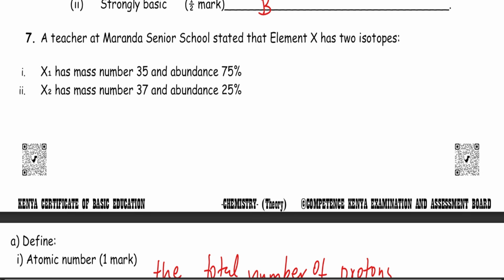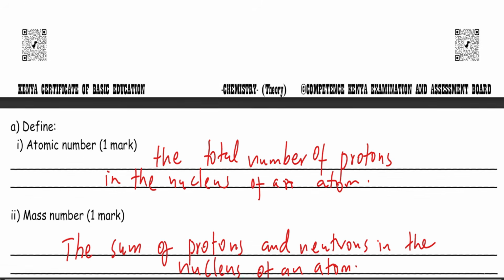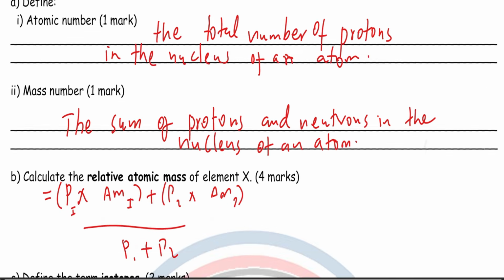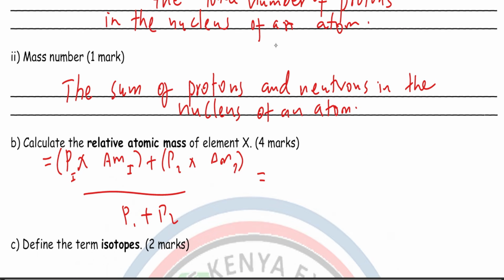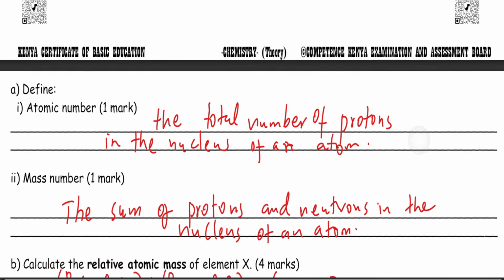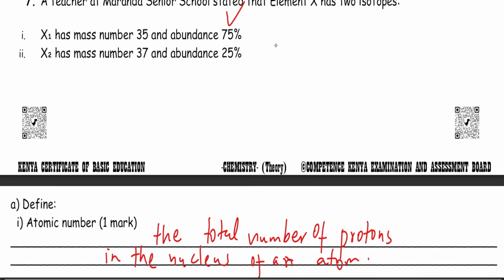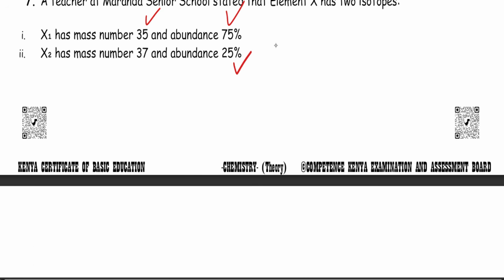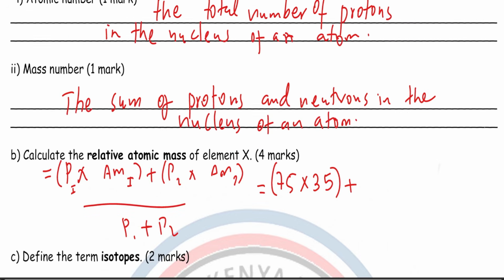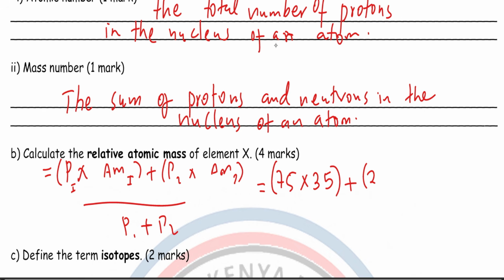Now, for this one, mass number 35 and abundance 75. So 75 times 35, plus 25 times 37, divided by the total percentage, which is 100.